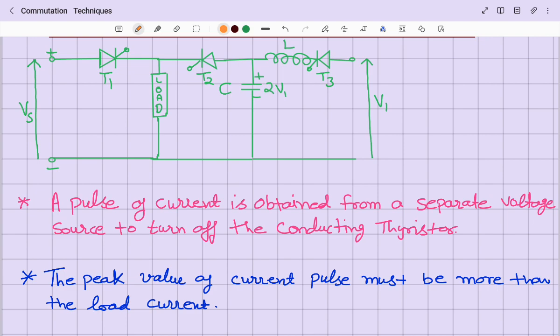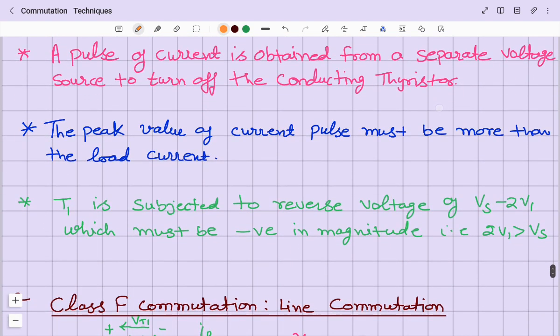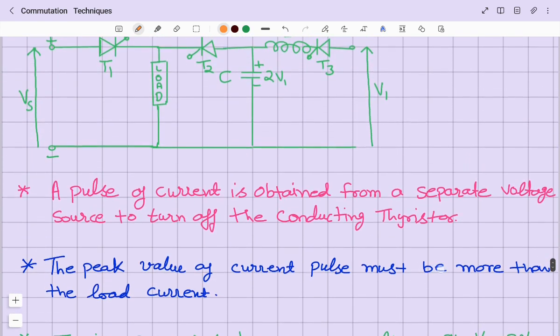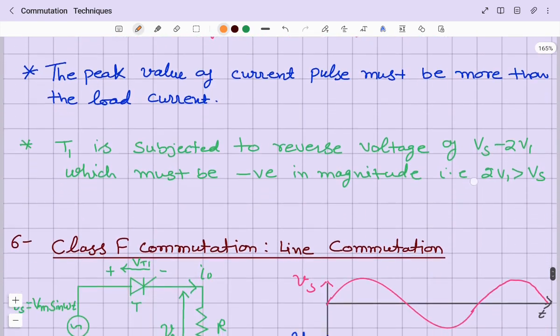The prime requirement is that the value of the pulse of current obtained from the separate voltage source to turn off the conducting thyristor, the value of peak current must be more than the load current, and Vs minus 2V1 must be negative, so that your thyristor T1 gets turned off and your capacitor is discharged through the load. Right? So this is your external pulse commutation.